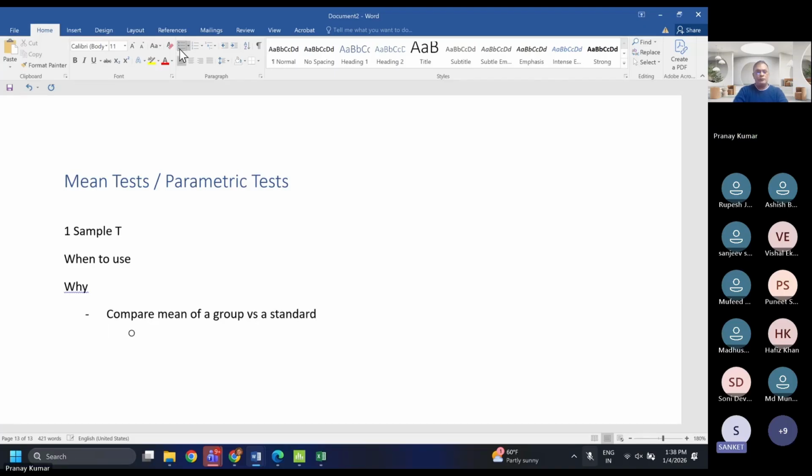For example, I want to compare collections data versus some target. With me, people? I have attendance data for people.